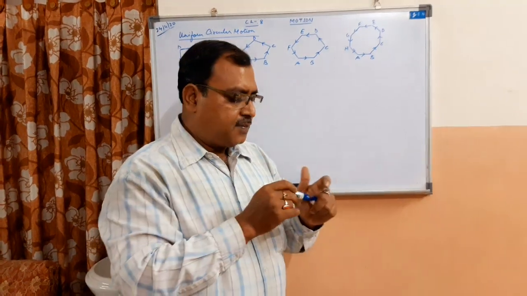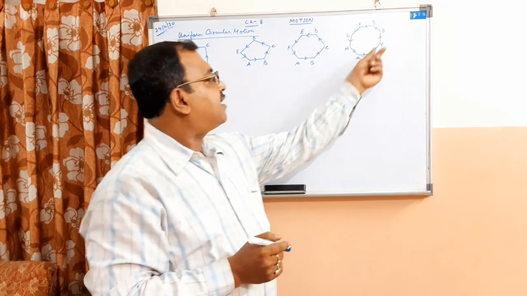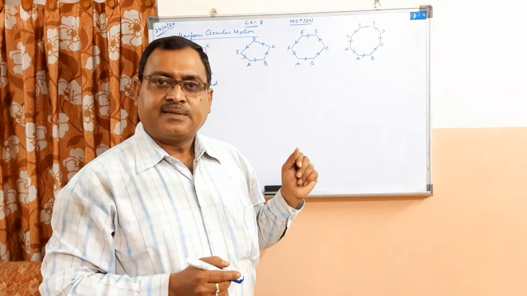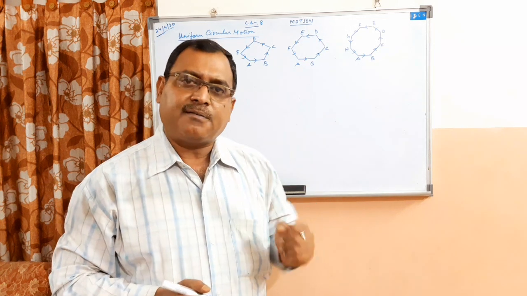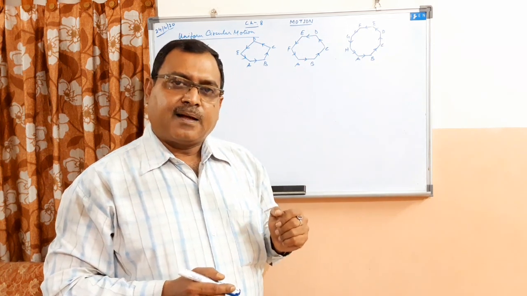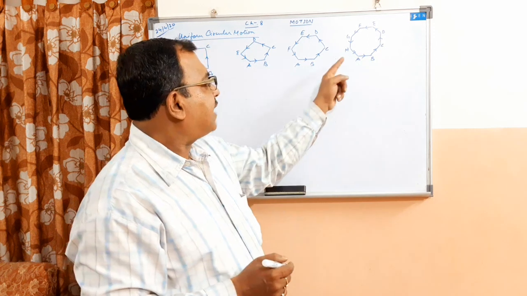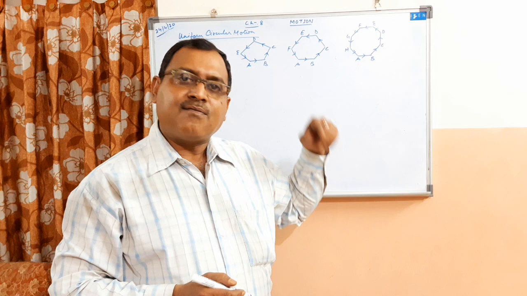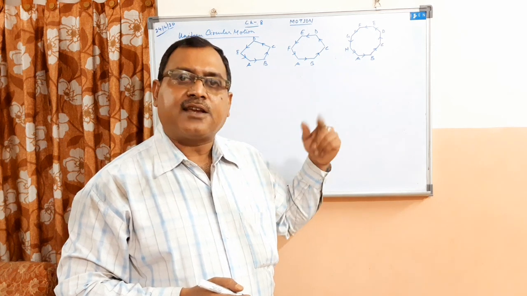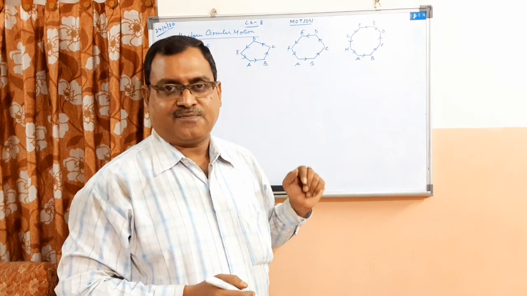Now children, see, if you keep on increasing the sides, the length of the side will become smaller and smaller. Clear? And as will be the number of sides, same will be the number of times the direction is being changed.